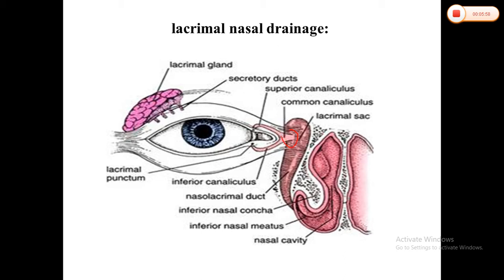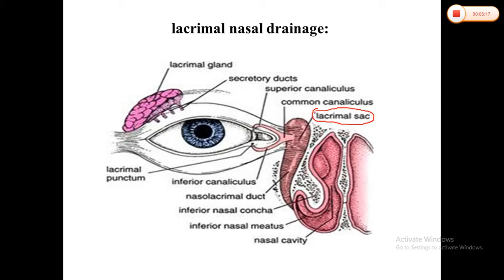We have already discussed in eye anatomy how the dilation and contraction are carried out. This is another important part of the lacrimal nasal drainage system.